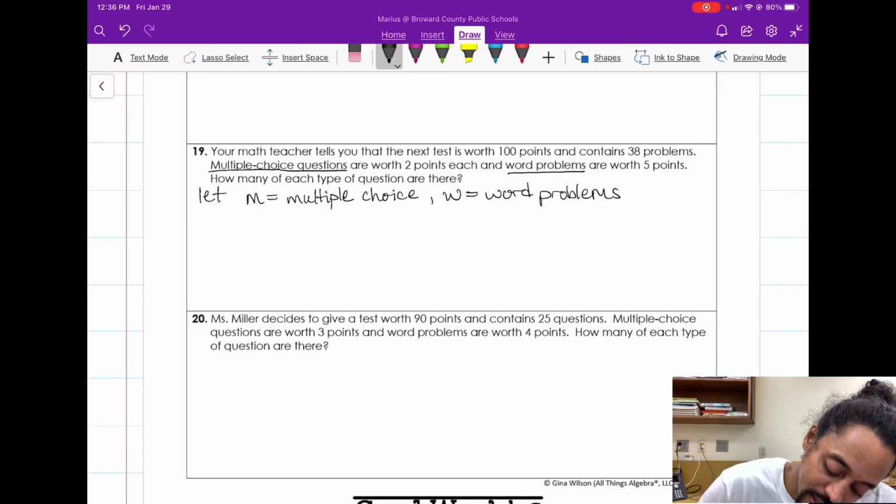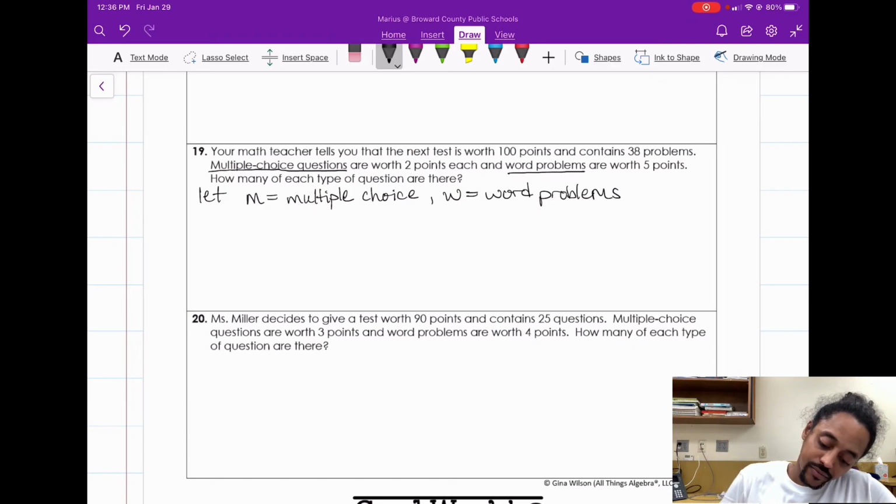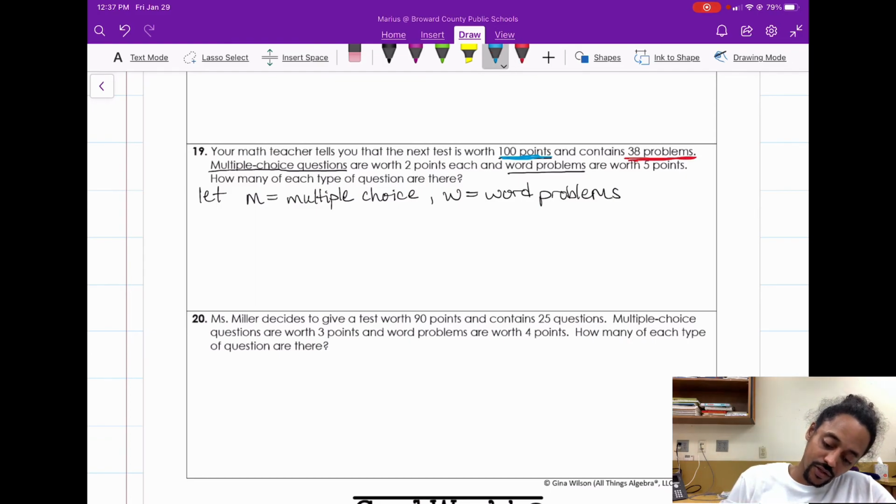Now that we've done that, what do we know? We know that there is a total of points, and we know how many total problems there are. 100 total points, right here, and there are 38 problems altogether. So we're going to have one based on points, and one based on problems.